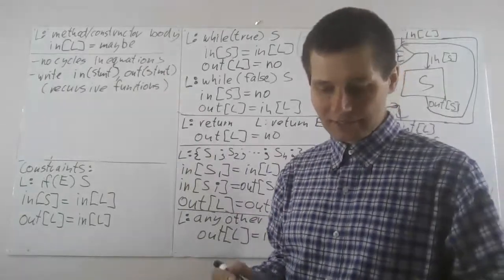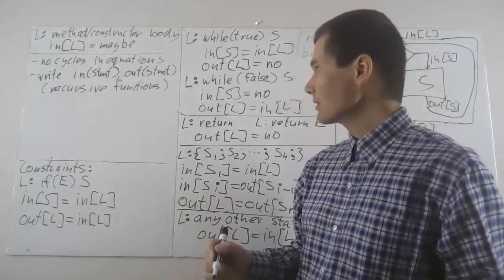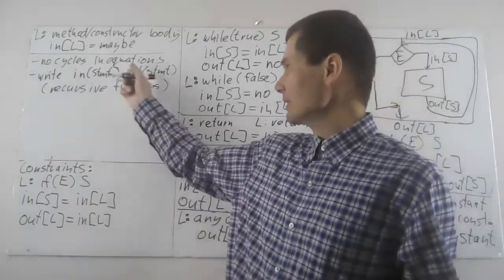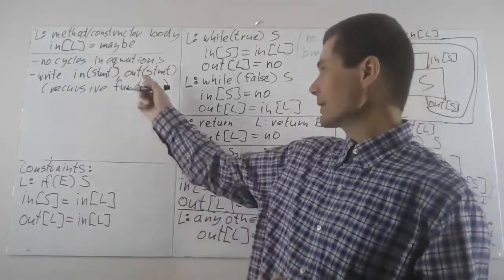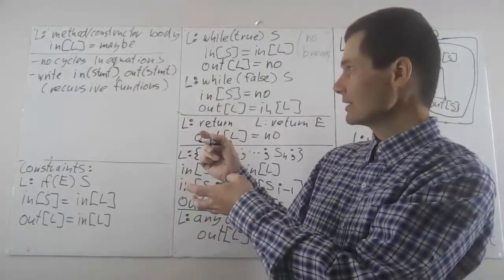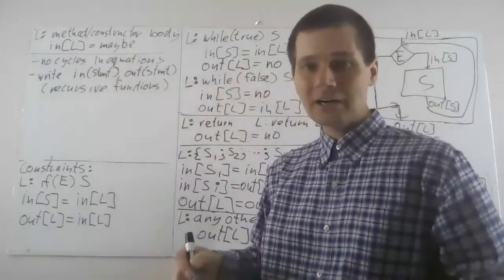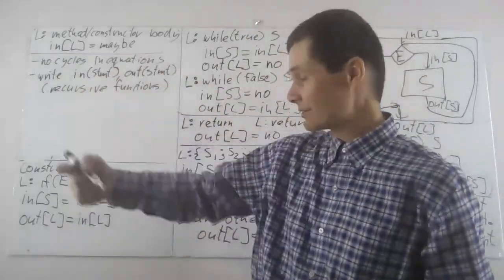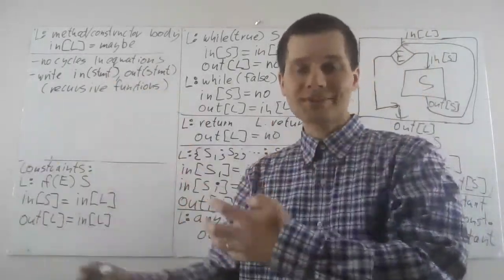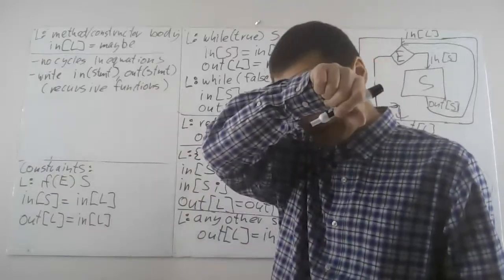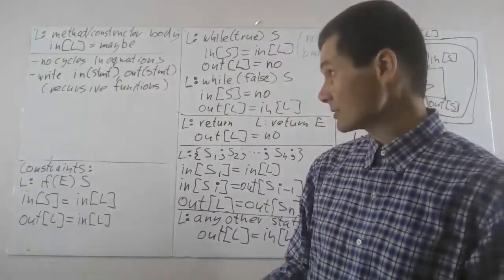One slight problem with this is that these functions are going to run in quadratic time in general, right? Because to evaluate one of these, you might need up to order n recursive calls. So if you were to evaluate in and out for all of the statements in your method, you would need order n squared calls, or order n squared evaluations of the equations.